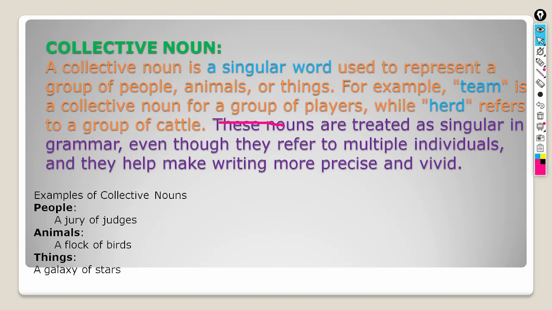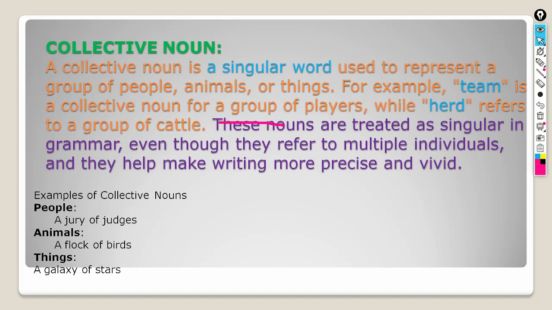These nouns are treated as singular in grammar, even though they refer to multiple individuals, and they help make writing more precise and vivid. Precise means exact, vivid means clear.